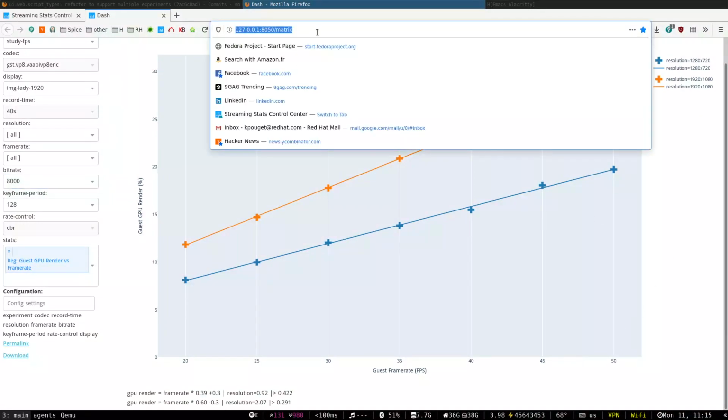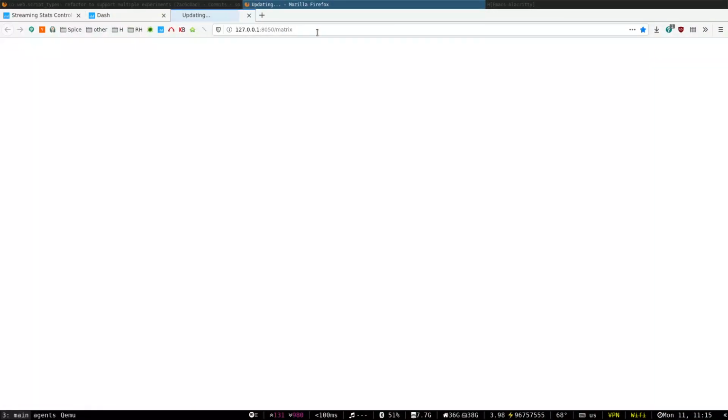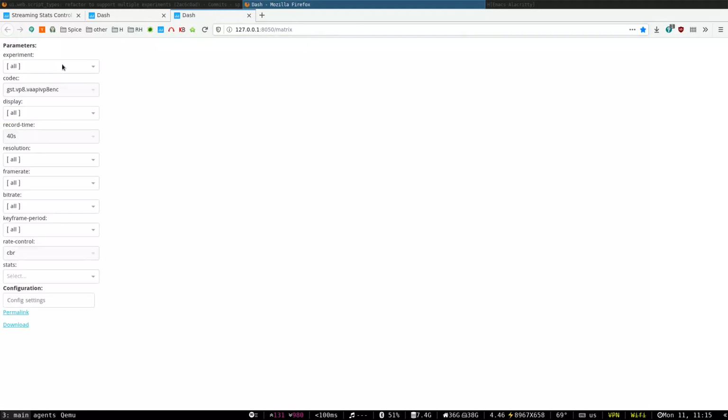And we can do the same with the resolution. So we take the resolution study, have a look at the regression, GPU and resolution, and the guest.